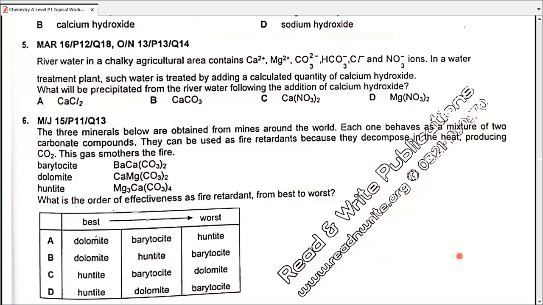Now, in the presence of calcium hydroxide, these ions actually react and form calcium chloride, right? Why? Because those areas are acidic.